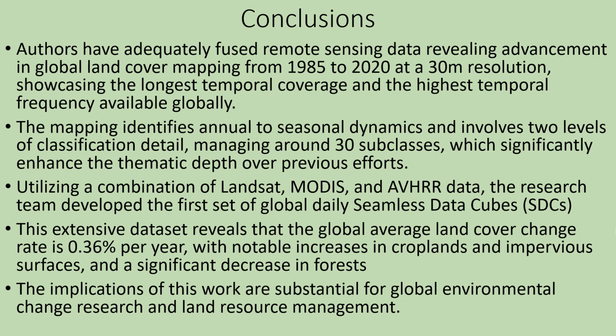The research team developed the first ever set of global daily seamless data cubes. And the global average land cover change rate is 0.36% per year, with notable increases in croplands and drastic decreases in forests. And this work's implications are suitable for global environmental change research and land resource management.